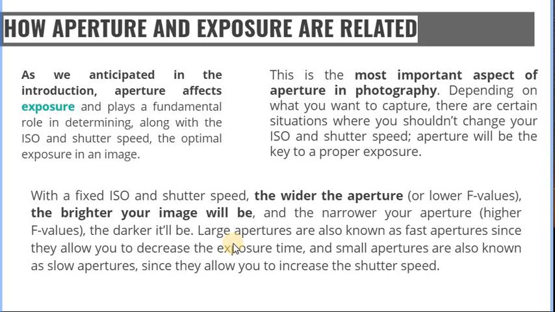Tirik na tirik ang araw. Okay? Maliwanag, 'di ba? Anong gagawin mo sa aperture mo? Maliit butas. Kailangan maliit lang ang butas. Bakit po? Kasi maliwanag naman na, 'di ba?